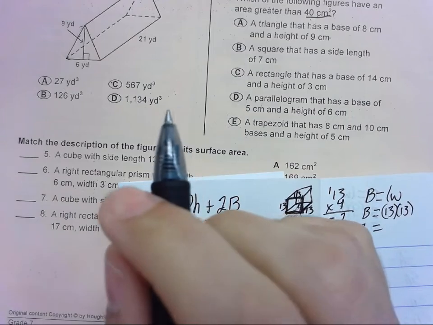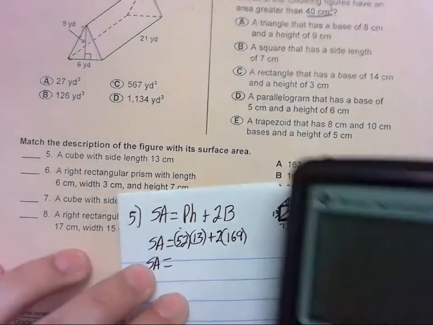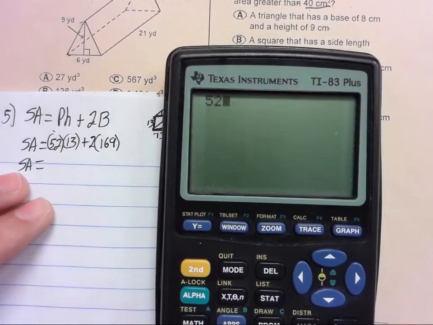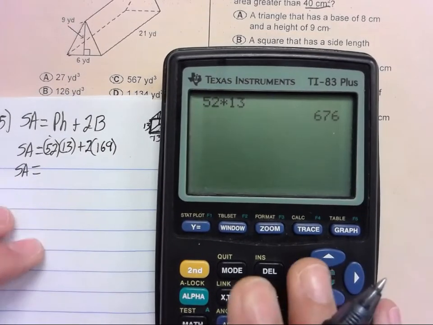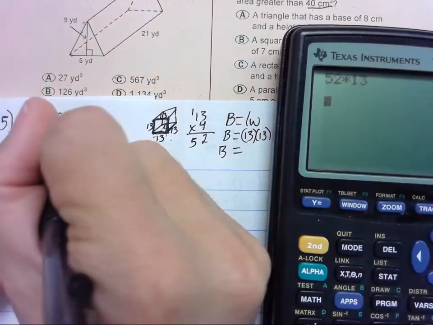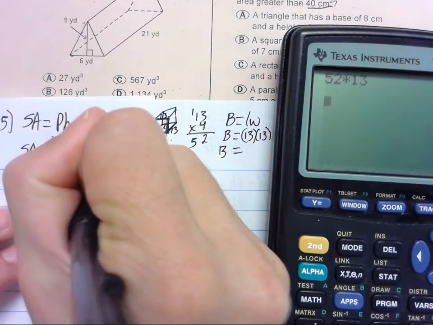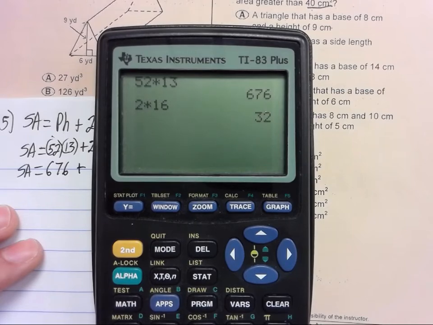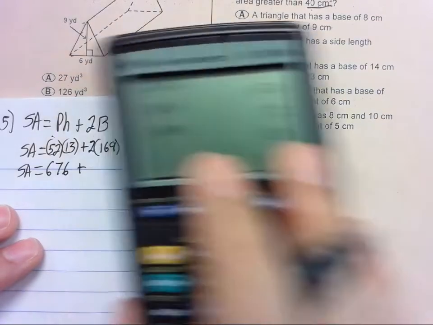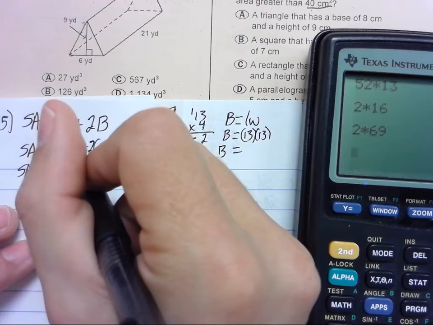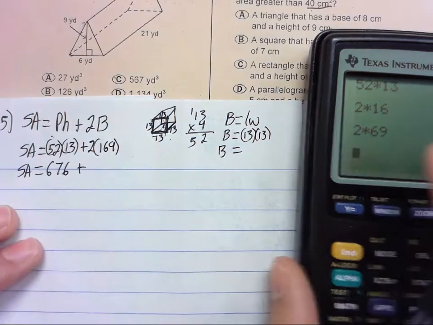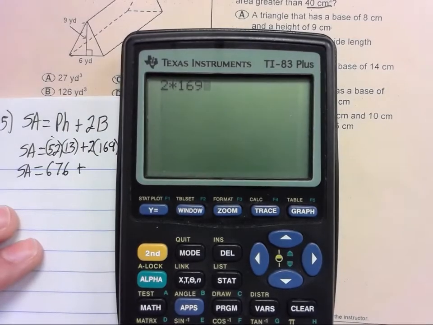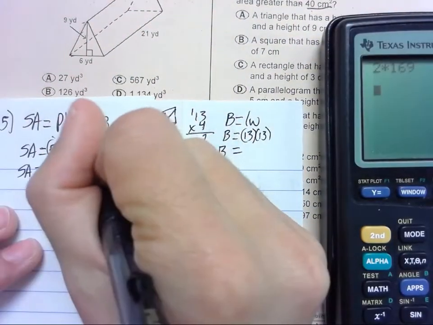Surface area is 52 times 13. That's 676. Plus 2 times 169. That was a mistake. 2 times 169, 338.